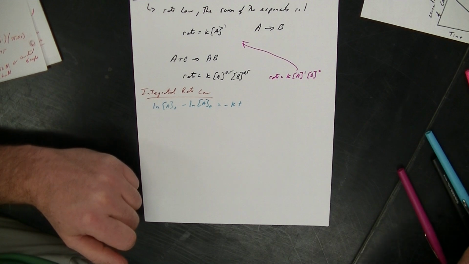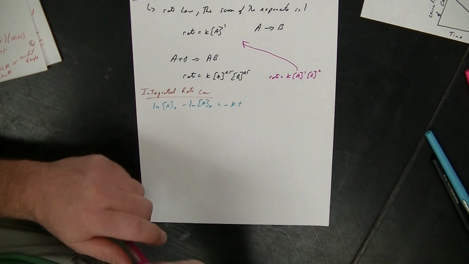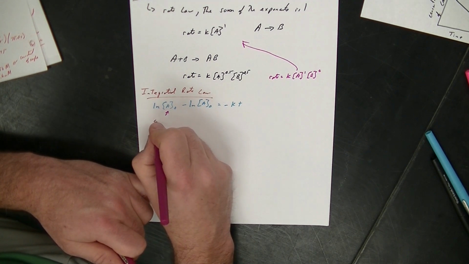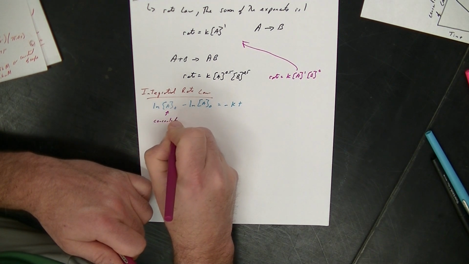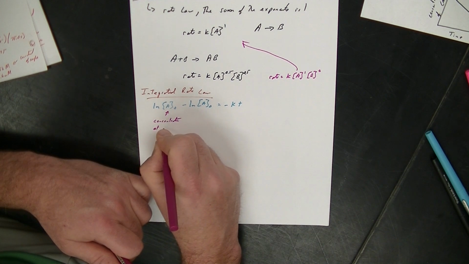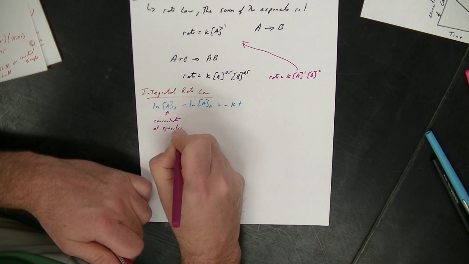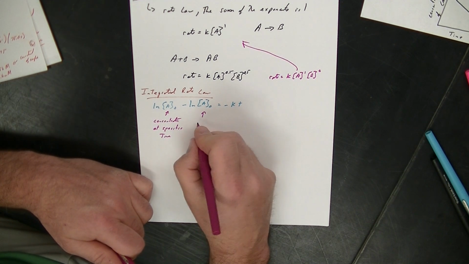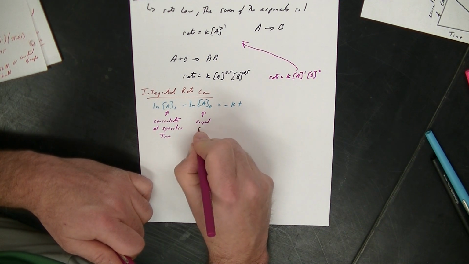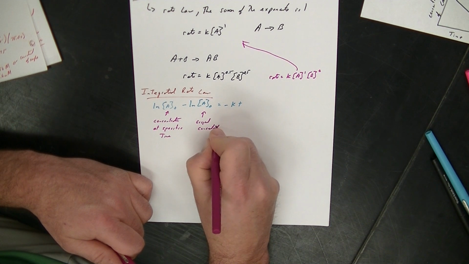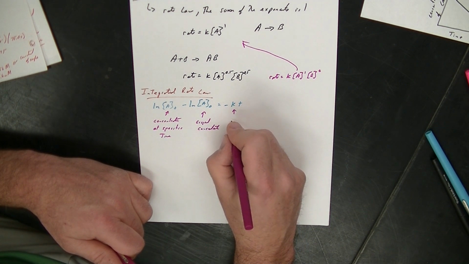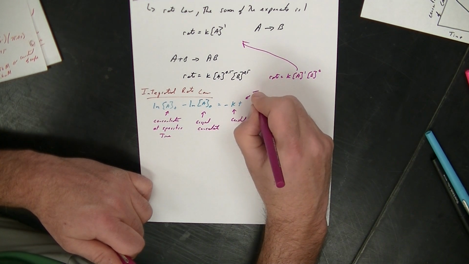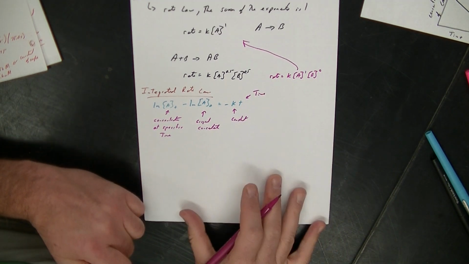Again, this is the concentration at a specific time, this is our initial or original concentration, this is our constant, and this is time.